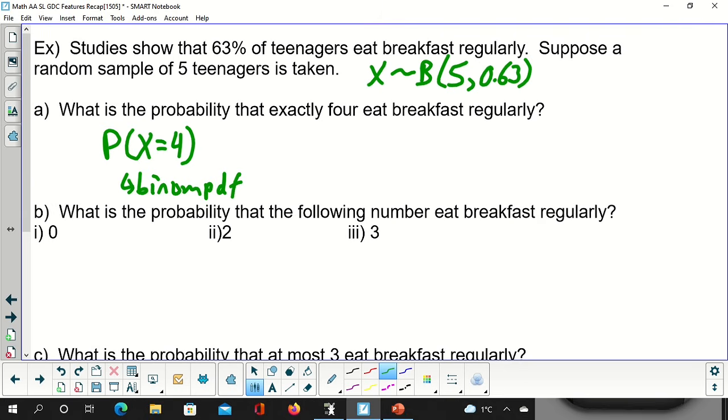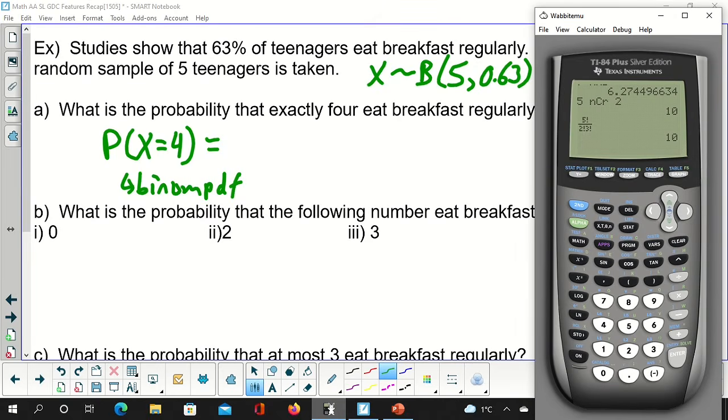The IB does not want to see your calculator notation, though. You can just answer with the numbers, or you can say P(X = 4) if you want to show some notation. Here's how we do it. We're going to go second vars for the distribution. We have to go almost all the way to the bottom. Binom PDF. And it'll ask us the number of trials.